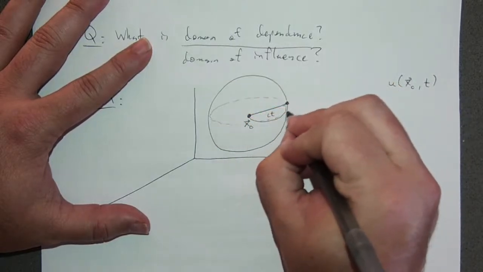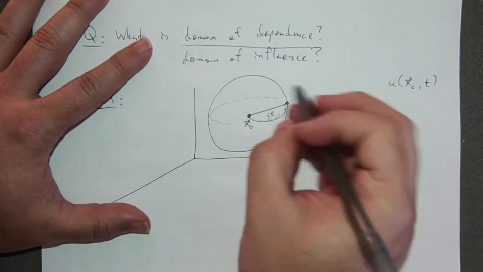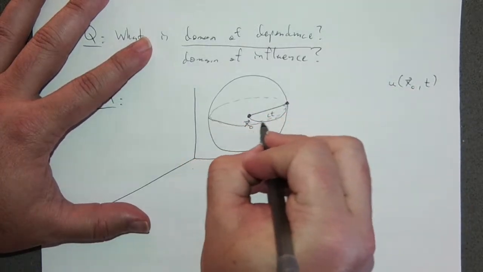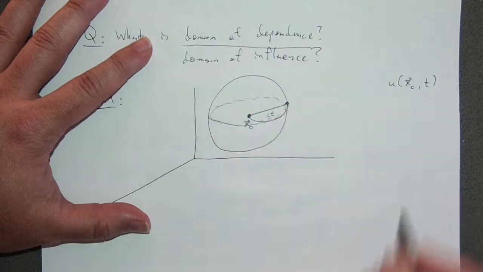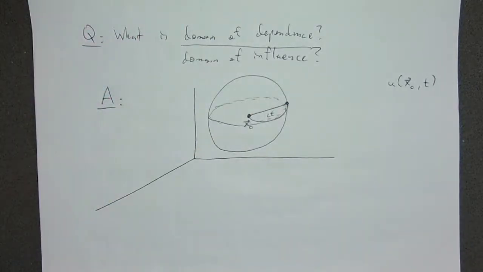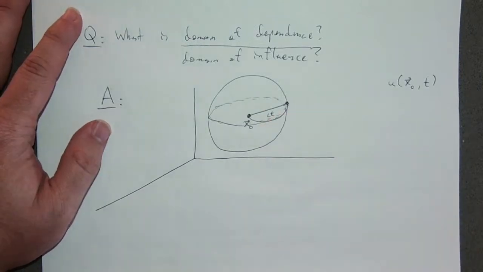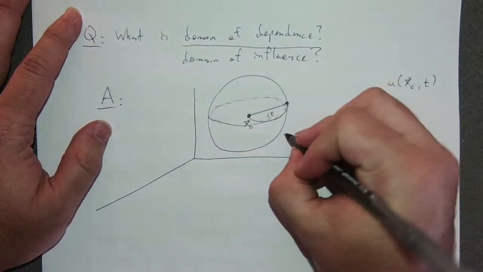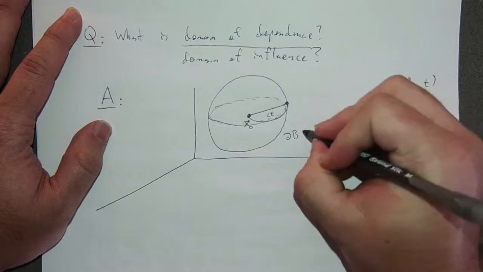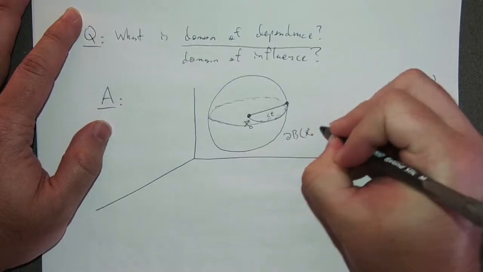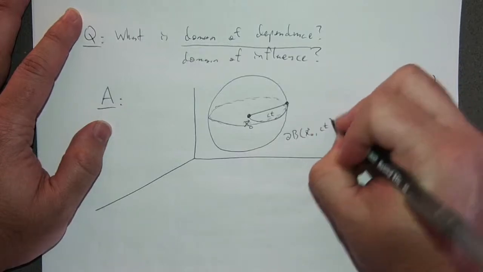That's a terrible drawing that I've made there. Okay, so here's my radius ct. So this sphere is the boundary of the ball centered at x naught of radius ct.